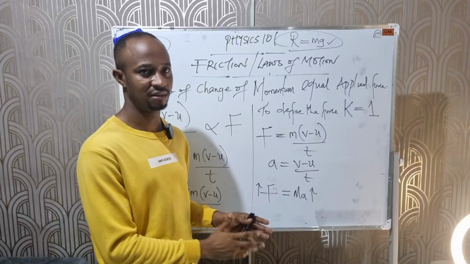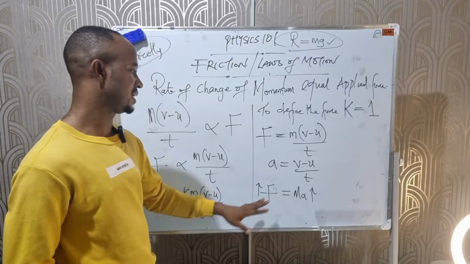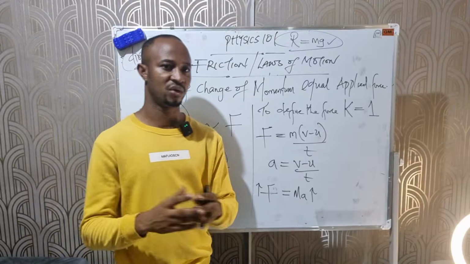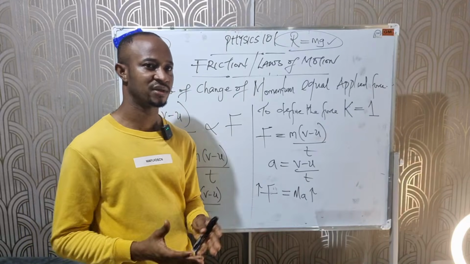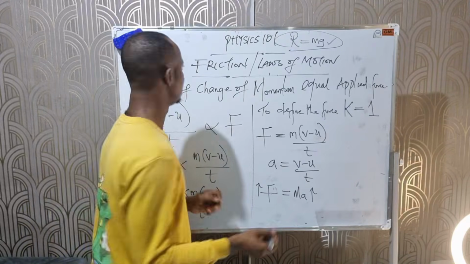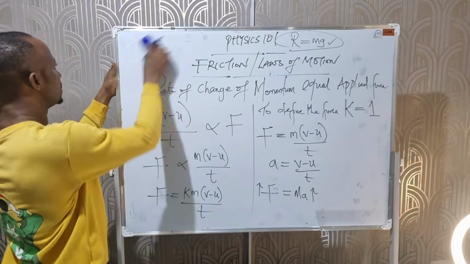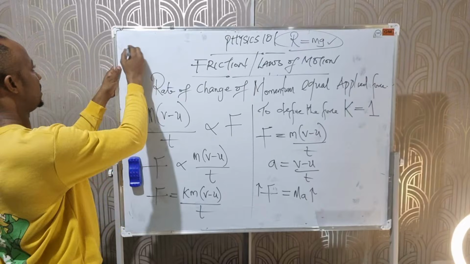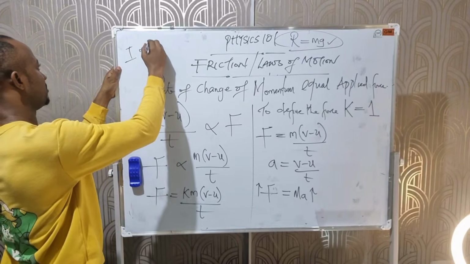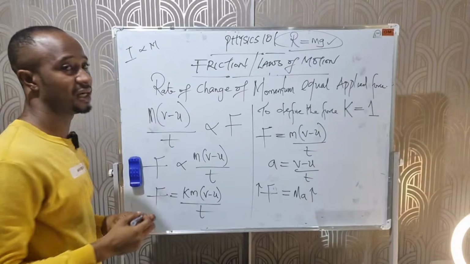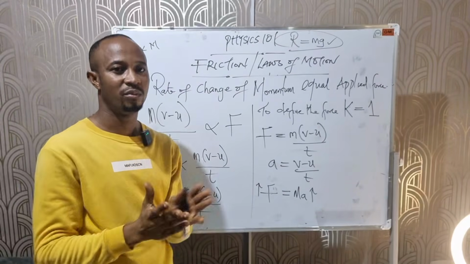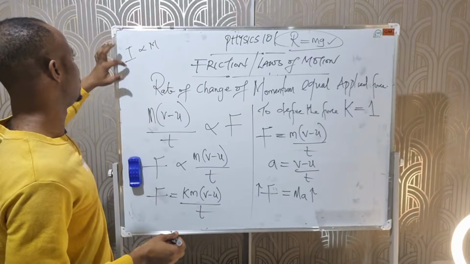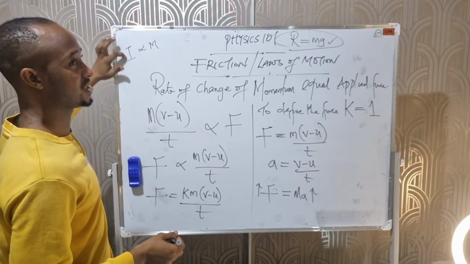Right? Because if you look, this law has a connection with the first law, which is called the law of inertia. Inertia talks about the mass of a body. The more the inertia, the more the mass of the body. In fact, inertia and mass are directly proportional, meaning that an increase in the mass of the body leads to an increase in inertia.